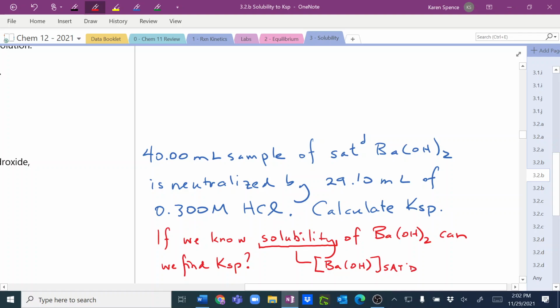So what that tells me is now I can fill in some more information for my barium hydroxide. I have 40 mils, and I also have an unknown concentration. Yes, and that is for barium hydroxide.